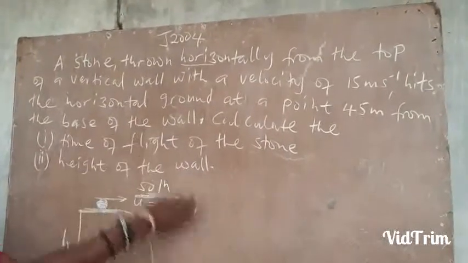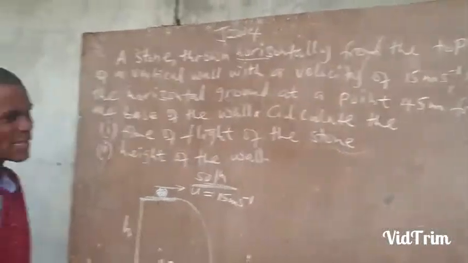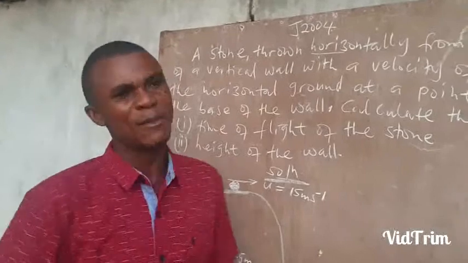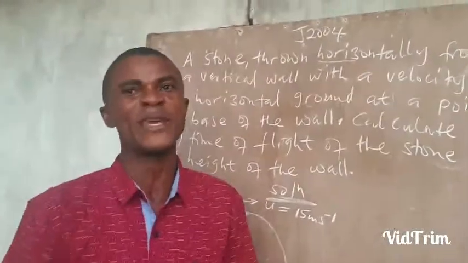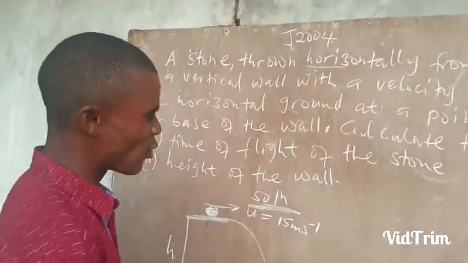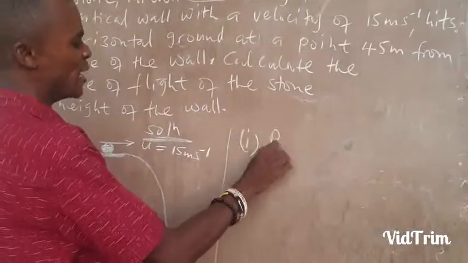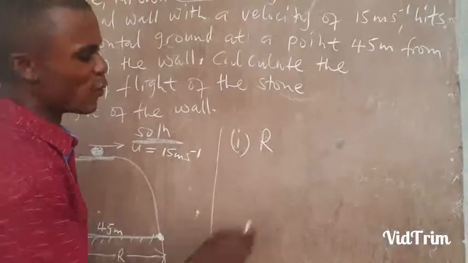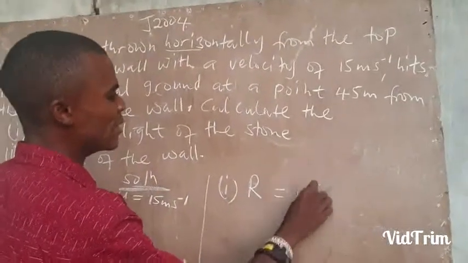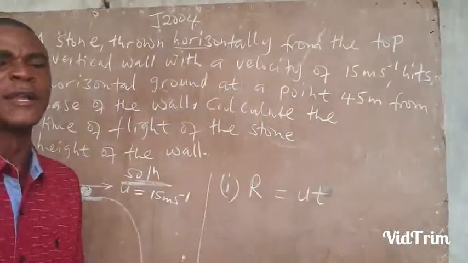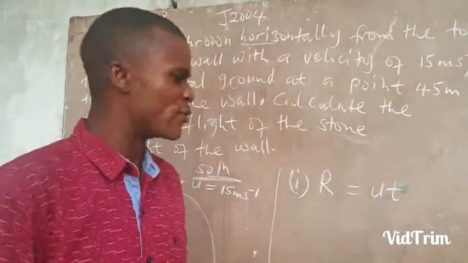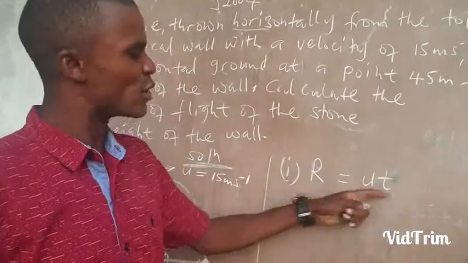From the base of the wall, we are now asked to calculate the time of flight of the stone. And you know the time of flight is the time required by the object to be in air. If you can now recall, one of the equations I wrote for the range was range equals u multiplied by t.